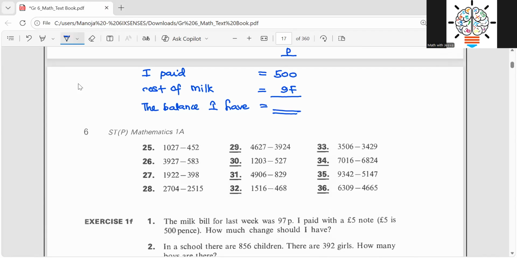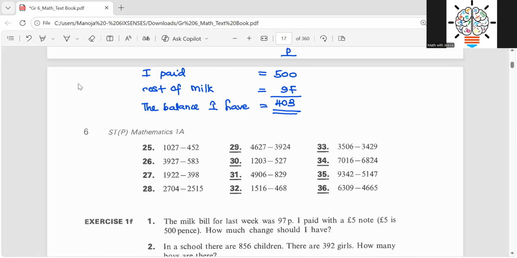So the last milk bill was 97, and you paid £5. £5 means 500 pence. From 500 pence, you deduct 97. It gives me 403 pence. How much change should I have? 403 pence. This is how you want to do it. Always you show the units on top of that.